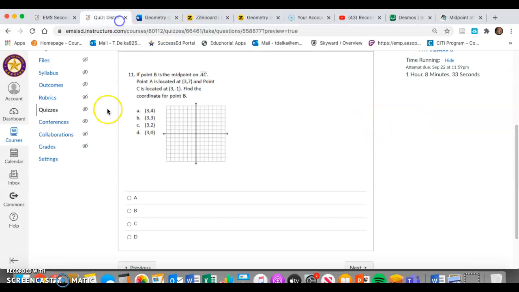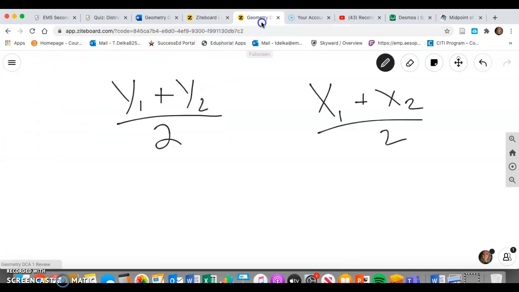So let's go back over to the equation. They tell me point A is 3, 7, point C is 3, -1. So I have 3, 7, and 3, -1. And I have to determine which is going to be my 1 and which one's going to be my 2. I'm going to make this one my 1s, and this one's going to be my 2s. You could have flipped it and you'd still get the same answer. Okay, so I'm going to take my Y because these are my X's right here, and these are my Y's.